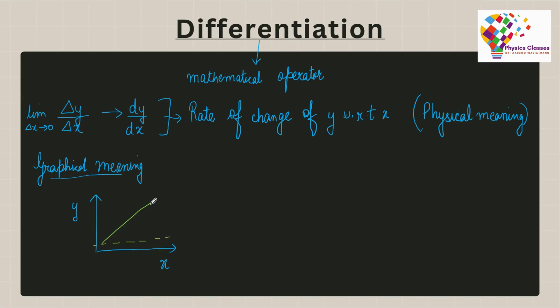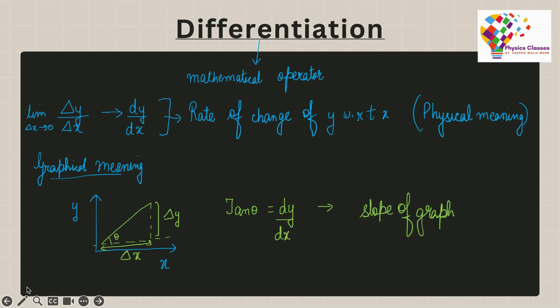But if delta y by delta x is very small, then I can say that my tan theta is equal to dy by dx instead. So actually when we are differentiating, it is giving us the slope or the gradient of the line. That is the graphical interpretation of differentiation.